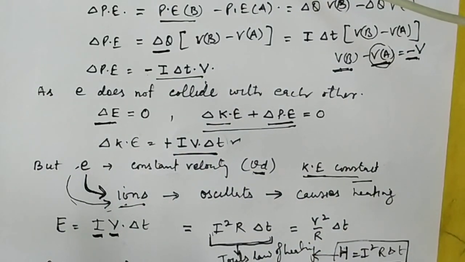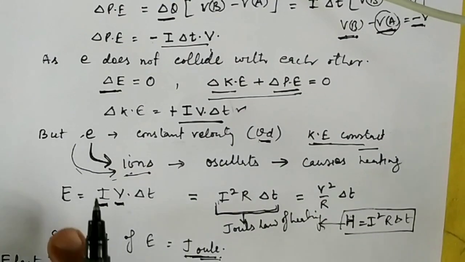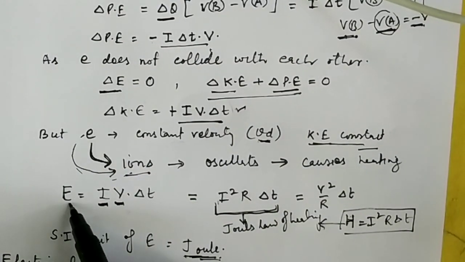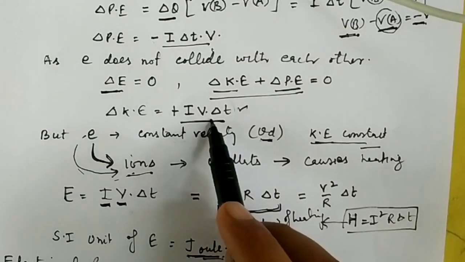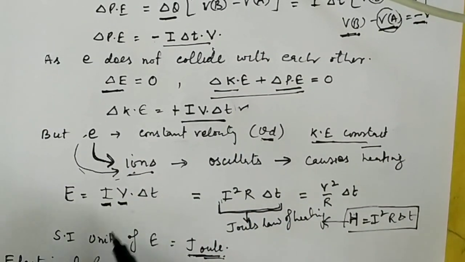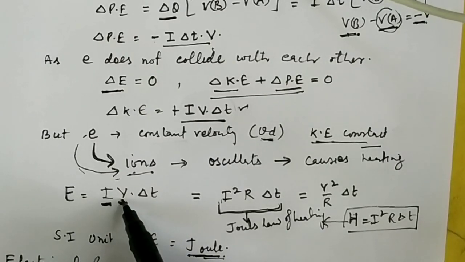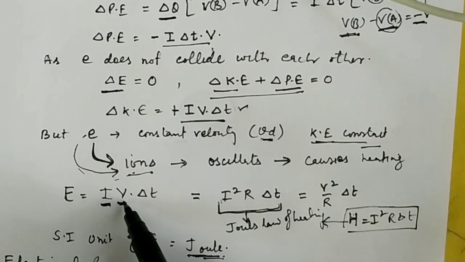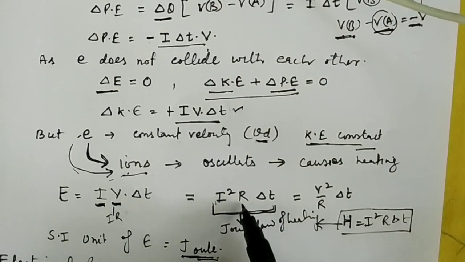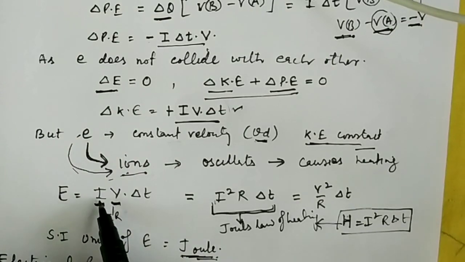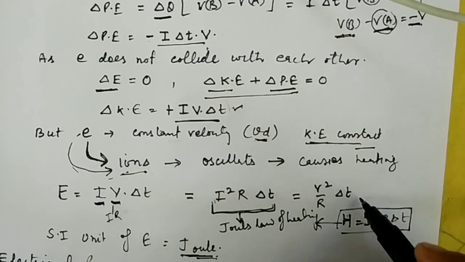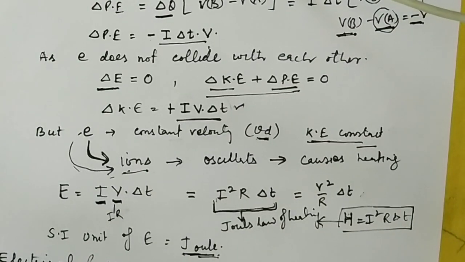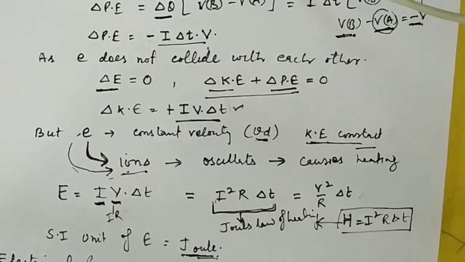So we can say that the energy consumed in the form of heat is equal to IV into delta T, same relationship. If you put the value of V in this equation according to Ohm's law, that is equal to IR, then it becomes I square R. If we put the value of I, that is V divided by R, then it becomes V square by R into delta T. So these are the formulas of electrical energy.